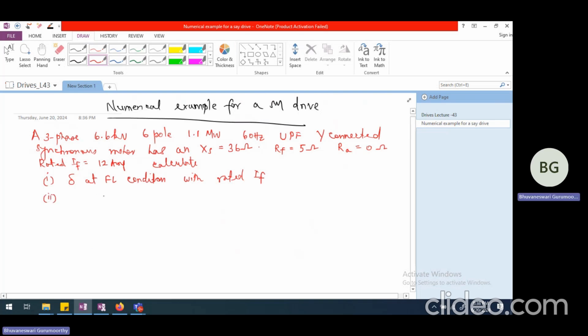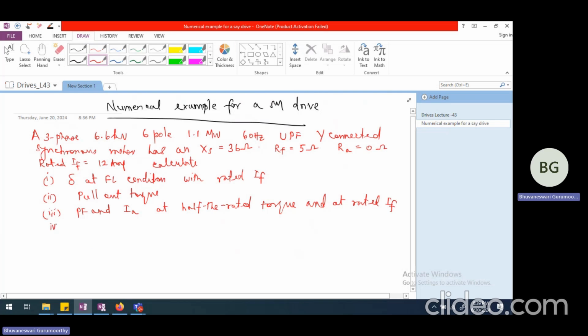The second thing being asked is the pull-out torque. The third one is to calculate the power factor and armature current at half the rated torque and at rated IF.